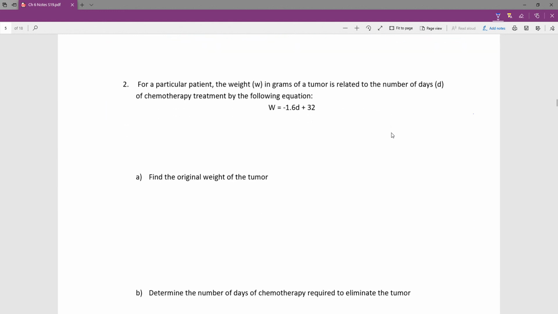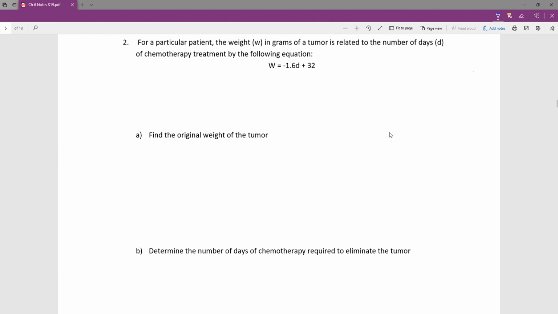So another application, and I think we would all love it if biology was as obedient as this example is going to portray it to be. So we are going to cure cancer in this one. I know, practical applications, right? So we have a patient who has a cancerous tumor, and the weight of the tumor is one of the variables.